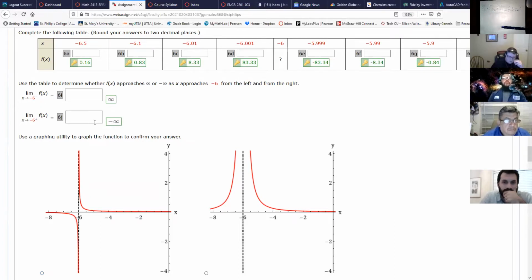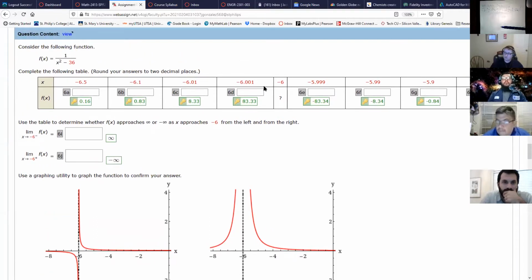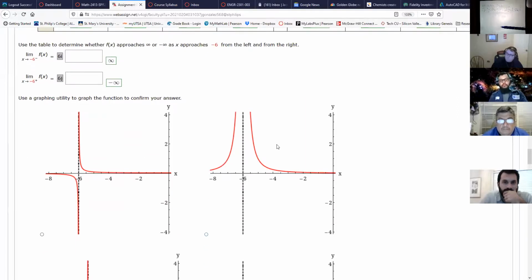So this approach gives you somewhat of an idea what's happening, but it doesn't really imply infinity unless you put a lot of digits here. Like if you put 10 zeros and then the one, -6.000, then you'll see that this gets really big. So it looks like it's going to 84, but it doesn't.